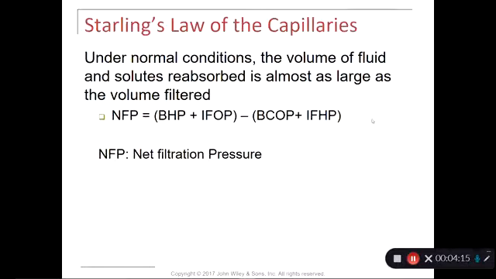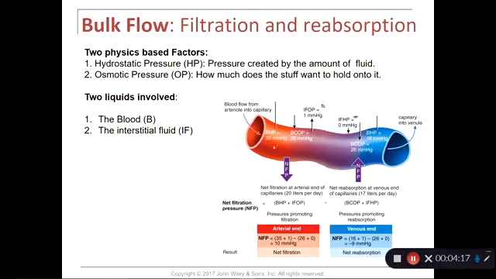So if we were to apply that, we're going back to here. The net filtration pressure at the beginning of the capillary, the arterial end, the blood hydrostatic pressure and the interstitial osmotic pressure is much higher, so it's pushing stuff out, and it's doing it well.